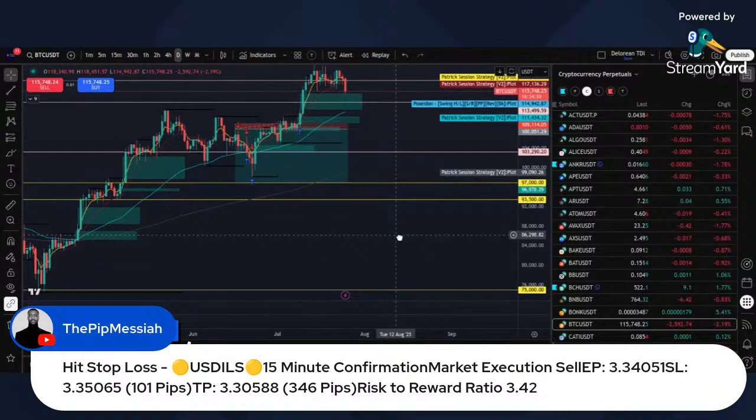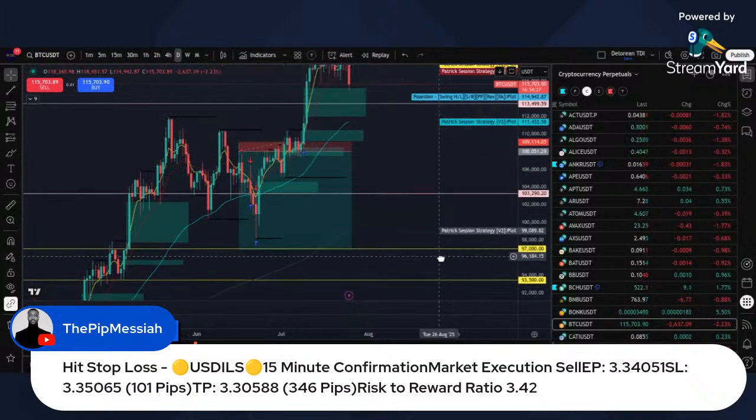It would take quite an extraordinary amount of confluence of events to get way down here, but it is possible because there is uncovered price action. So that's where we currently stand right now.